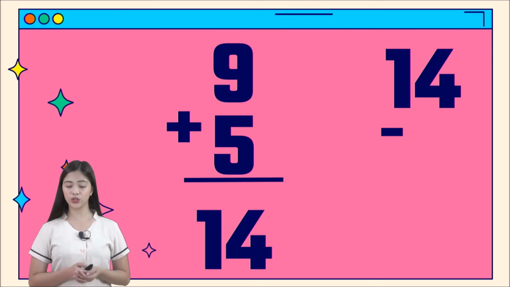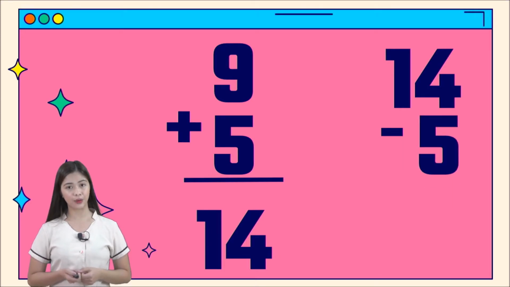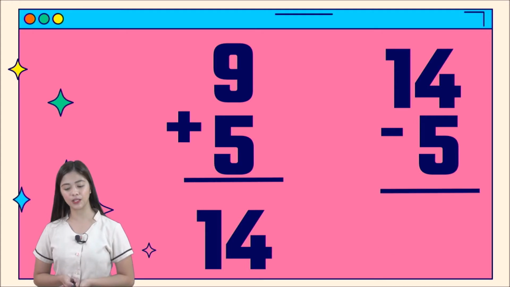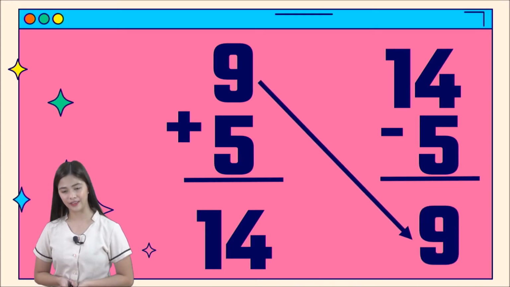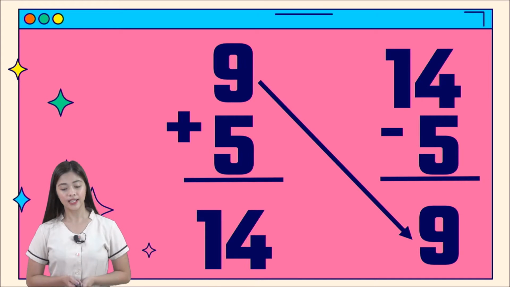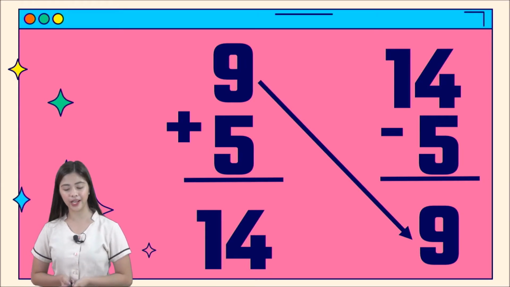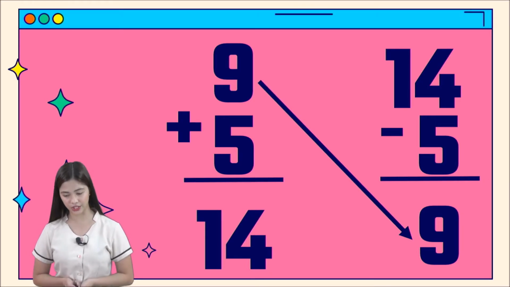And we can choose between 9 or 5 as our subtrahend. So in here, we use 5 as our subtrahend. And 14 minus 5 is equal to 9. Okay, as you can see here, the addend 9 became the difference in our subtraction equation.